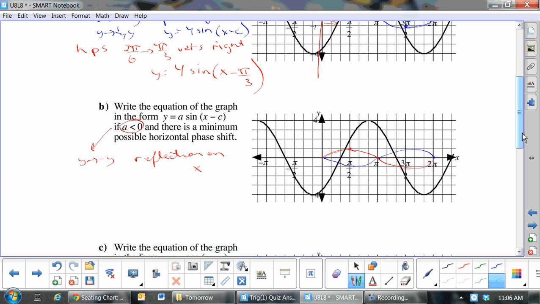Vertical stretch by 4. So then if I did that, I'd have like this, right? Then what would I have to do? Talk to me. Well, what do you do next?